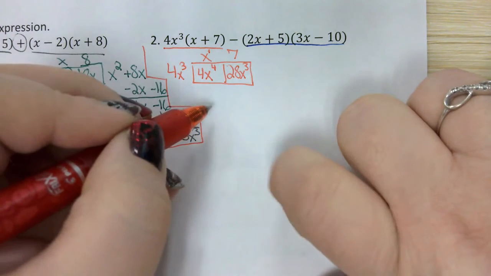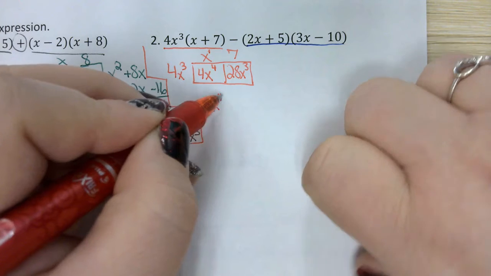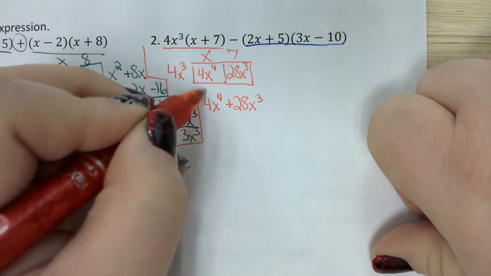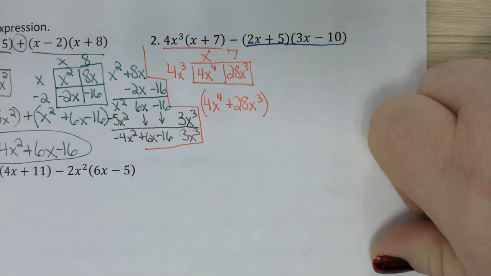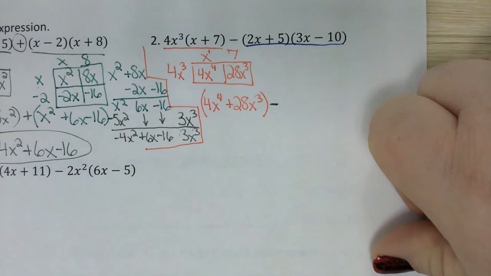cubed. I don't have any like terms, so my first polynomial is 4x to the fourth plus 28x to the third. And we are subtracting the second polynomial.